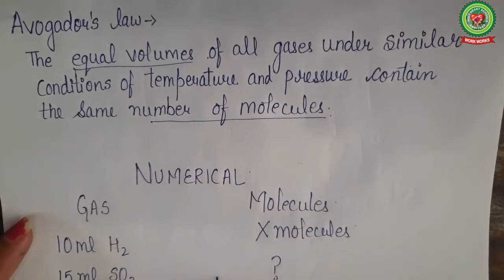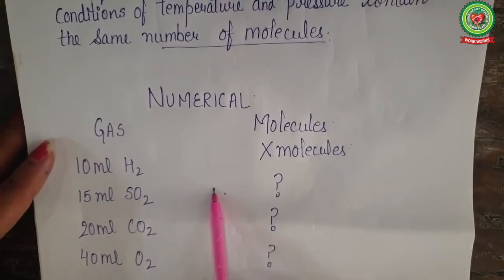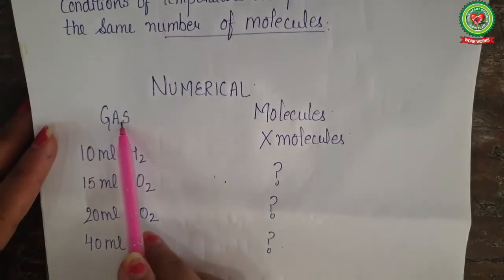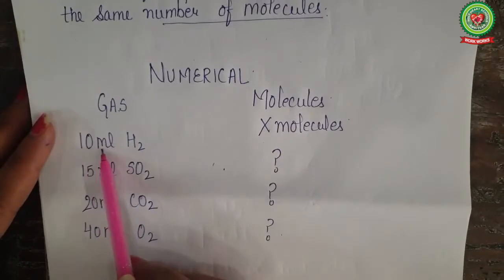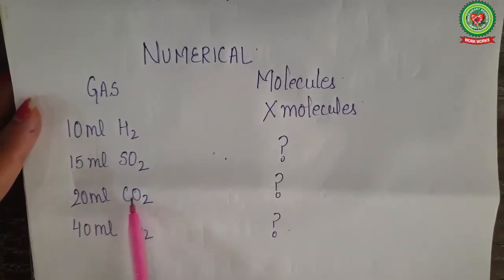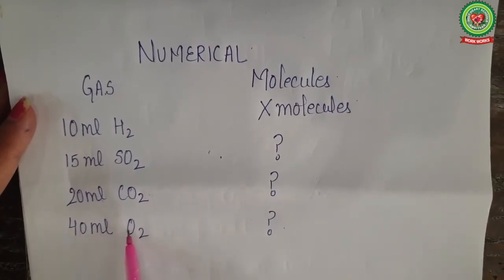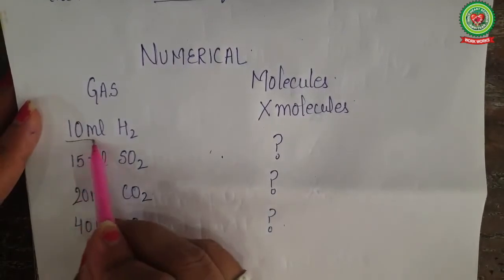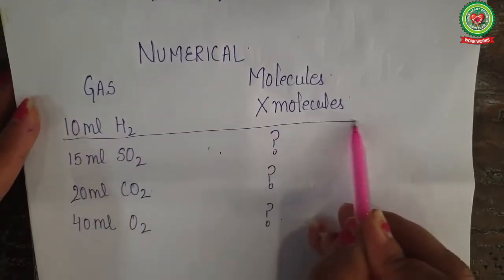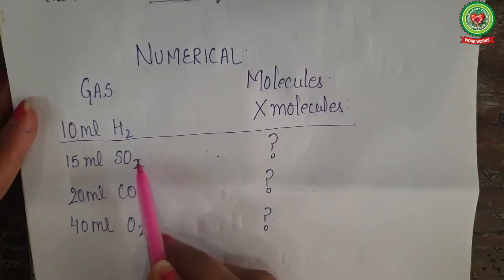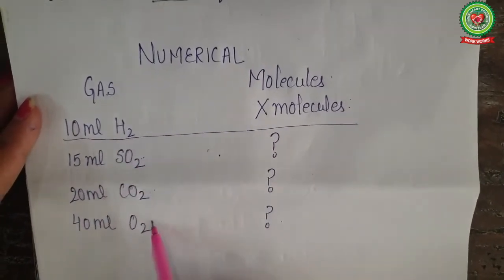Here we are going to discuss one numerical based on Avogadro's law. In this numerical, gases are given to you: 10 ml of hydrogen, 15 ml of SO2, 20 ml of CO2 and 40 ml of O2. Molecules are given for H2: it contains X molecules, and you have to calculate the molecules present in SO2, CO2 and O2.